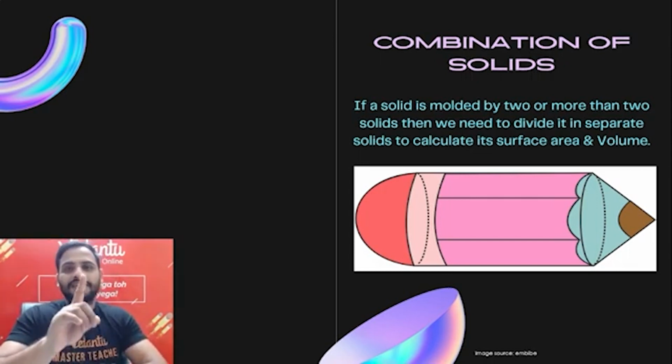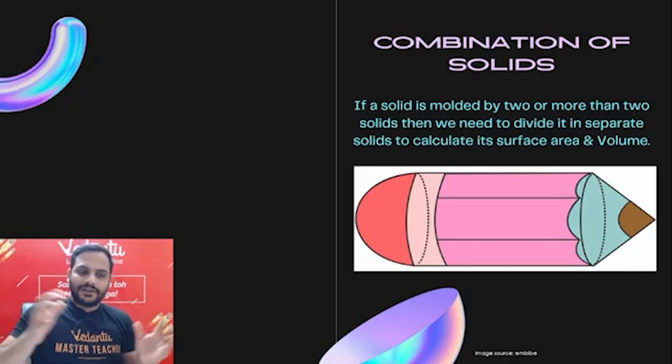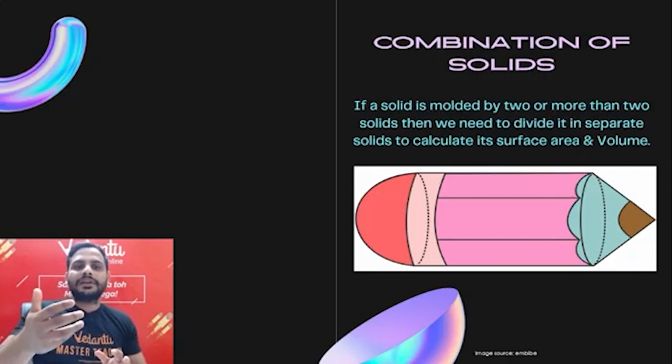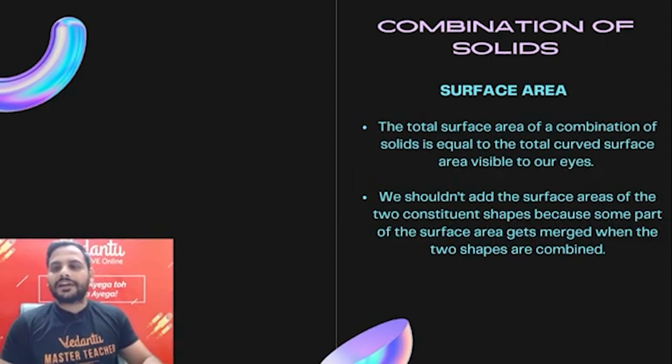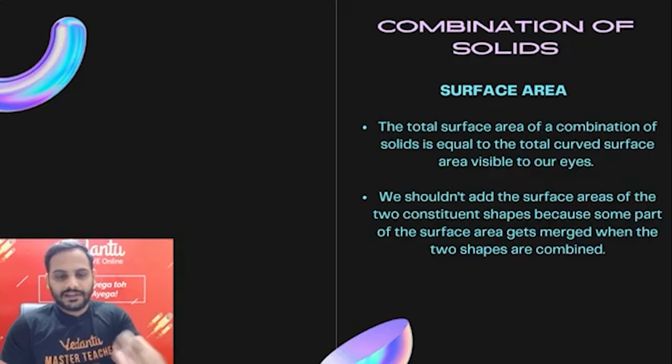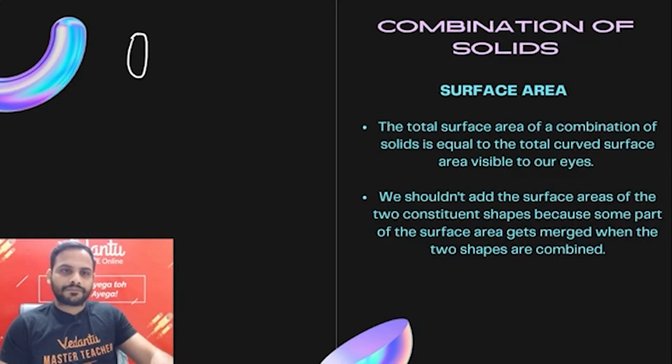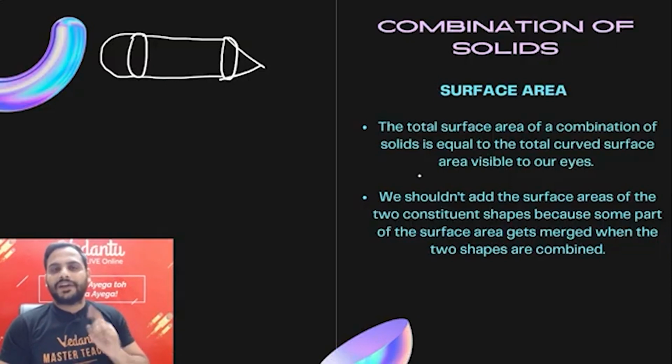But surface area is the point where you need to focus: whenever I combine some solids, which surfaces will be calculated in the surface area. Whenever we calculate surface area, you just have to imagine the shape and think which surfaces will be included. For example, take that pencil. We are asked to find its surface area.